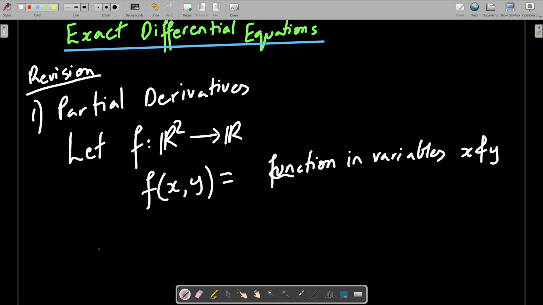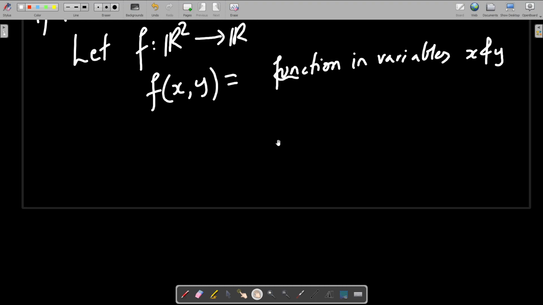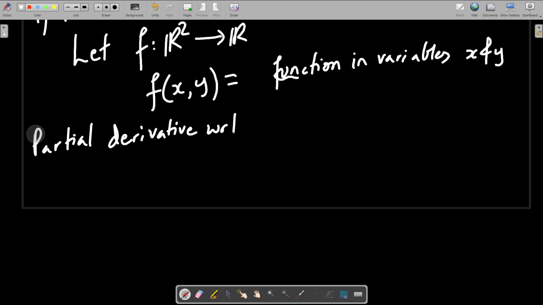The exact definition is going to be this. We denote the partial derivative with respect to x by dou f by dou x.